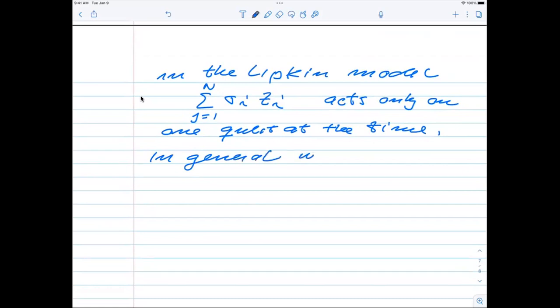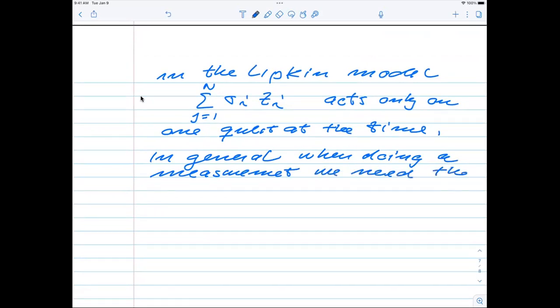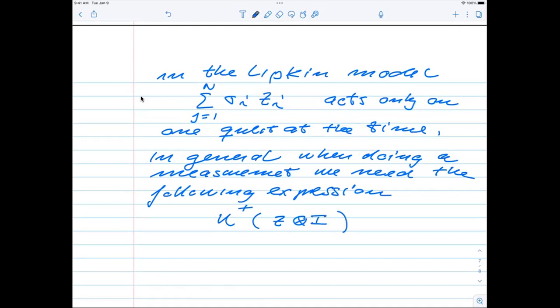when doing a measurement, we need the following expression. What we have is a unitary transformation acting on this Z times I. So it acts on one of the qubits.